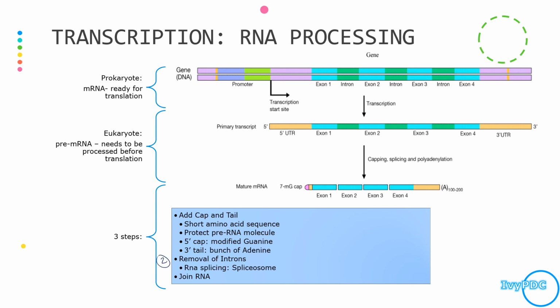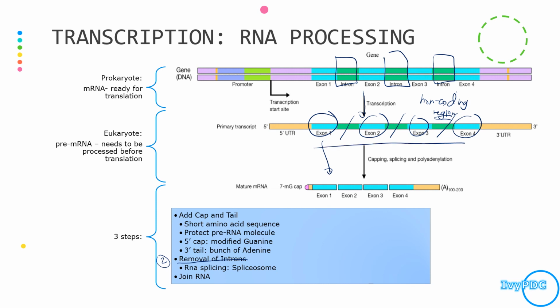The second step is the removal of introns. Introns are the parts of the genes that are non-coding regions. That means they do not have the codes to create any proteins. They are still copied in the transcription process. That's why we have to remove them after termination. We retain the exons that have the codes for the creation of proteins.